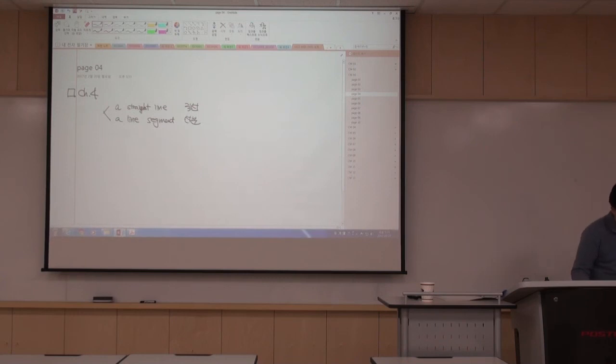Also, there are terminologies like hyperplane and hyperspace. Let me see. Half space. And also linear variety. And convex combination. Of course, convex set.